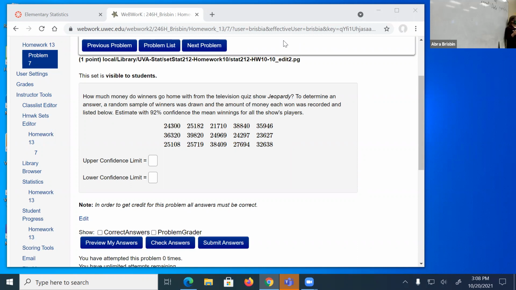And in that case, you would need to get the sample mean and sample standard deviation and type them in, which you could either do by putting the data into L1 and then doing one variable statistics, or you could put the data into the one variable statistics applet that we have on our textbook website.